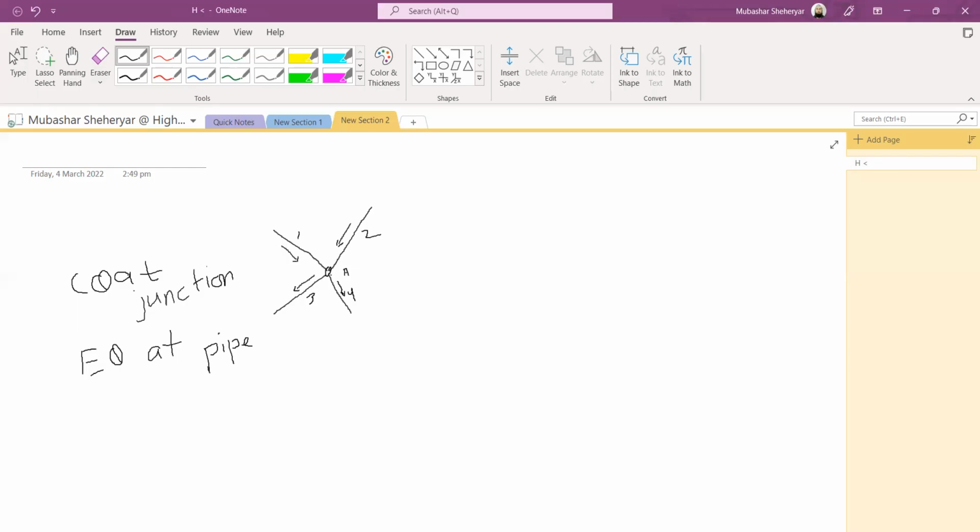So at junction A, the continuity equation will be written as Q1 plus Q2. I'm taking a positive sign because at junction A, the flow from pipes 1 and 2 acts as inflow, while for 3 and 4, it acts as outflow.